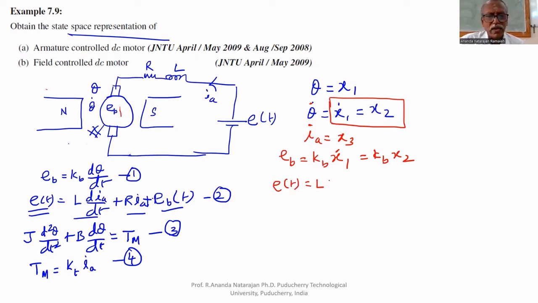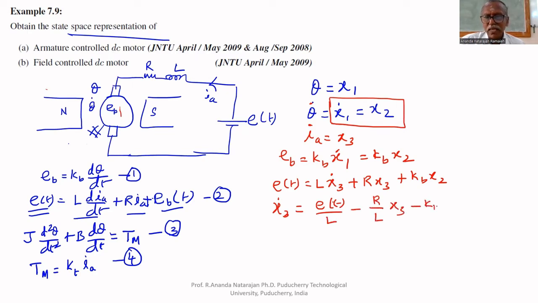Therefore, L dIa by dt is L x3 dot, plus R x3 plus EB, and EB can be written as KB x2. Therefore, x3 dot equal to E of t divided by L minus R by L x3 minus KB by L x2. This is the first equation, x3 dot we got.